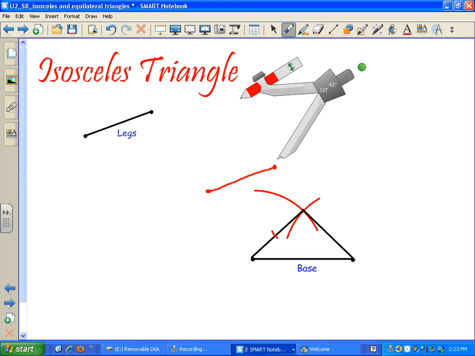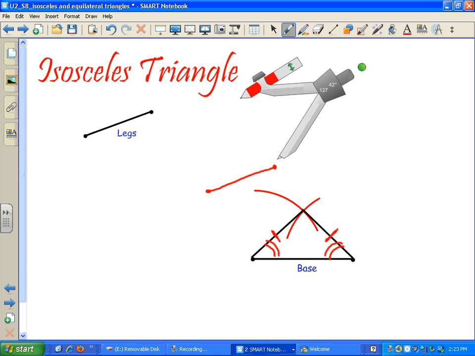So this side is going to be the same as that side. Well, let's think about what we know is true with side and angle relationships. We know that the angles opposite congruent sides have to have the same angle measurement, which means this angle over here has to be the same as this angle over here because the side lengths opposite are the same.